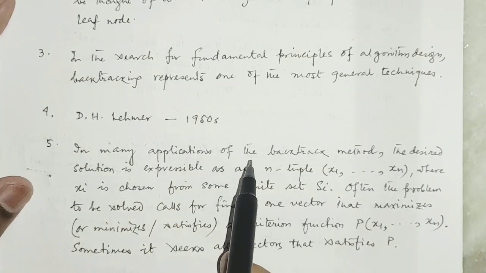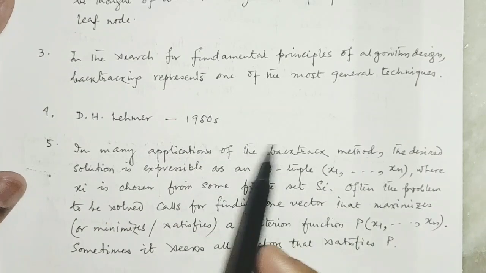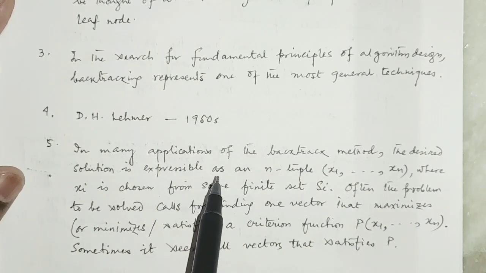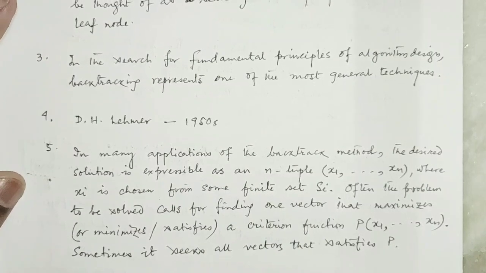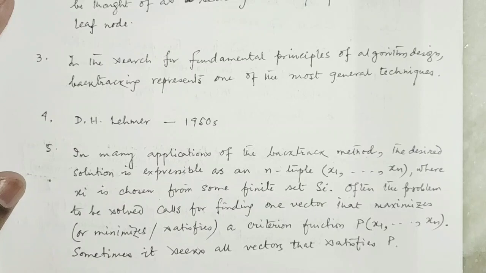So in many applications of the backtrack method, the desired solution is expressible as an n-tuple. That means whatever solution you are finally forming for a particular problem, it may be the n queens problem, sum of subsets problem, or graph coloring problem, the solution of that problem is expressible as an n-tuple, x1, x2, dot, dot, xn.